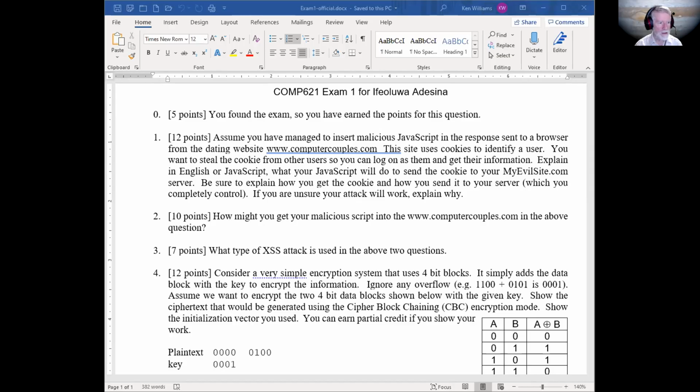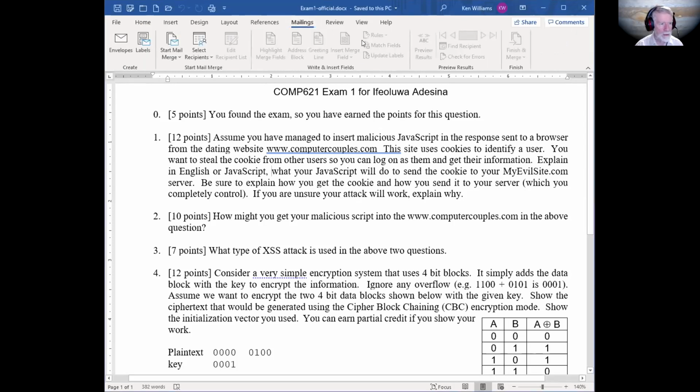Okay, there's the exam. I think you've all seen that one. Ignore the name up there. Sorry, somebody's name is up there, but ignore that.